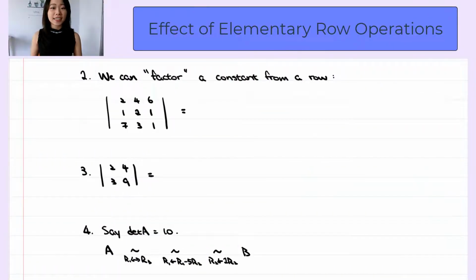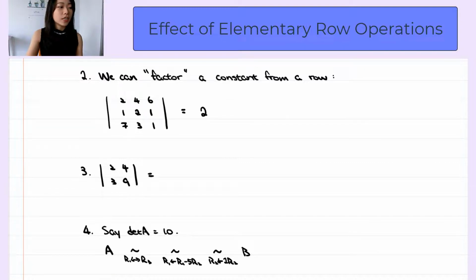Now let's look at the second example. We can factor out a constant from a row. For example, for this matrix, the first row, they are all multiples of 2. So I can factor out the 2, and row 2 and row 3 remain the same.